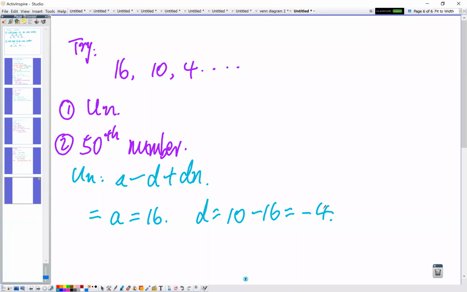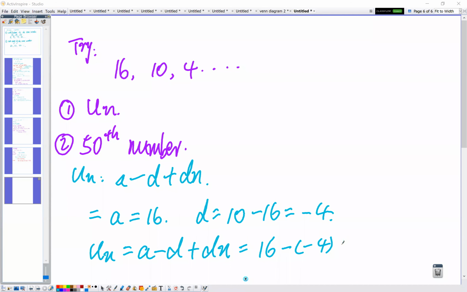So un will become a minus d plus dn. A is 16, minus 4. As you can see, we can write it like this: a minus d plus dn.